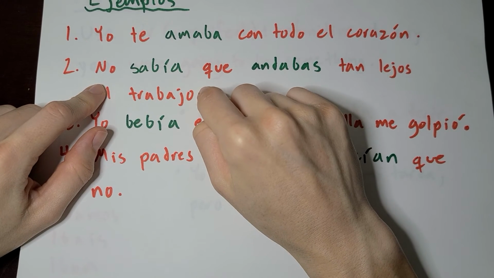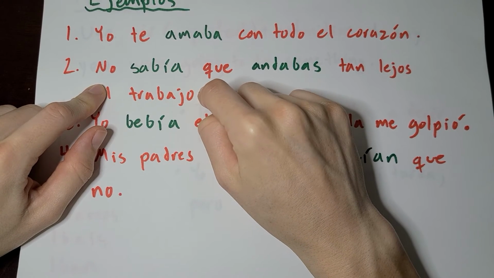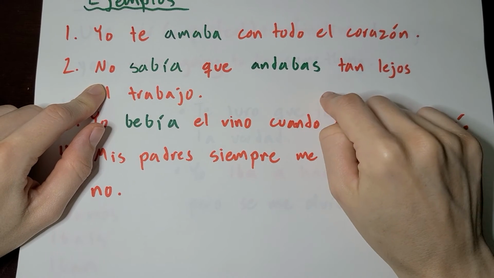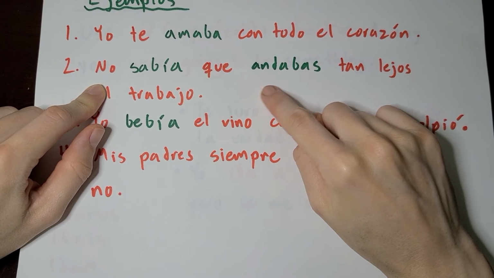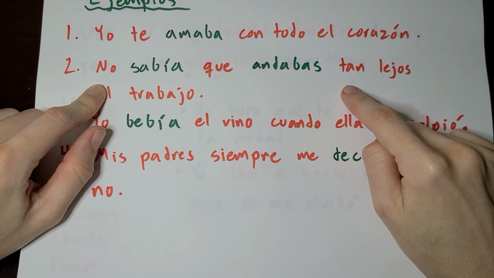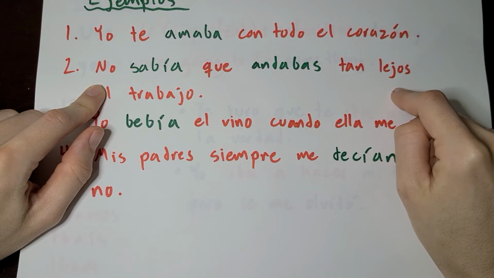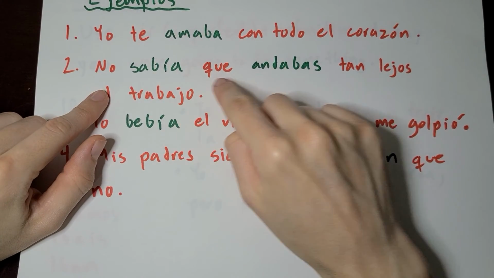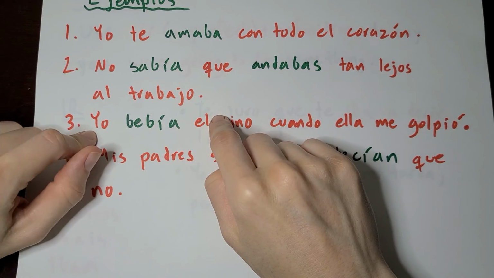No sabía, I did not know, I was not knowing, I did not used to know. Que means that. Andabas, that's from andar, so that andabas, you used to walk, or that you were walking. Tan means so, lejos means far, so far, al trabajo, to work. I did not know that you used to walk so far to work.